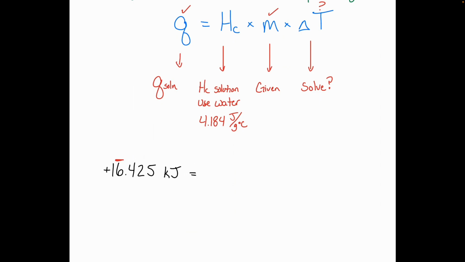This is going to be equal to that heat capacity, 4.184, times the mass, which was given to me in my problem. That's that 1,200 grams, times our variable we're solving for, that delta T.